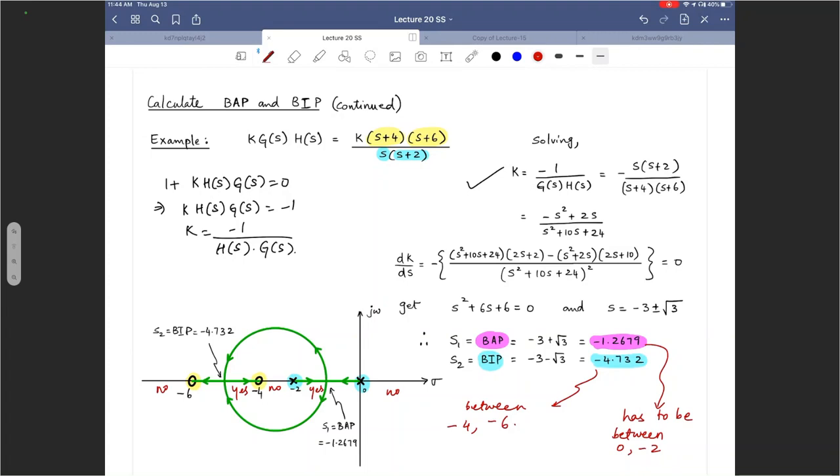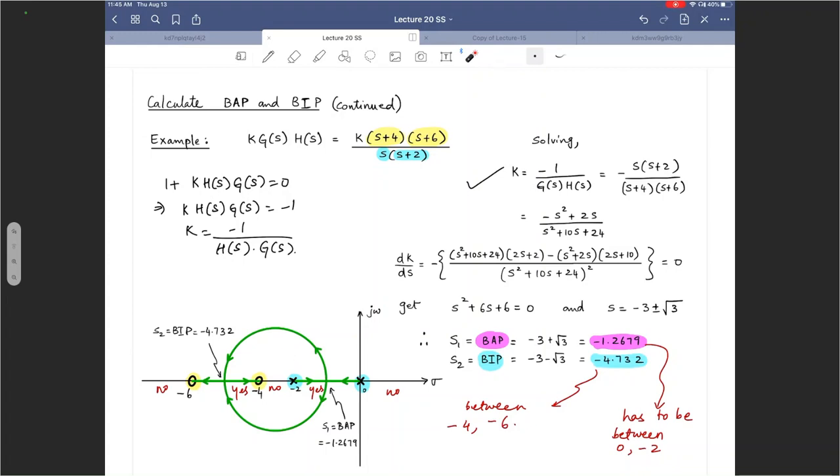When you do the differentiation of k with respect to s and equate it to 0, you will get multiple values of s that make that happen. Even if you have multiple values of s, you are going to use your previous rules to guide you to pick which one is BAP and which one is BIP.